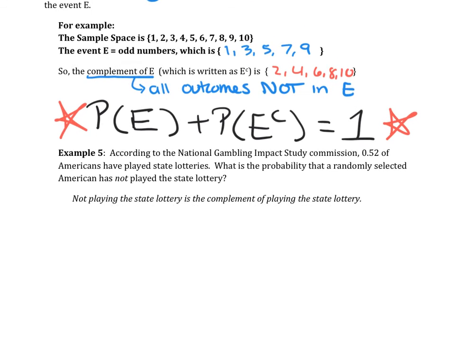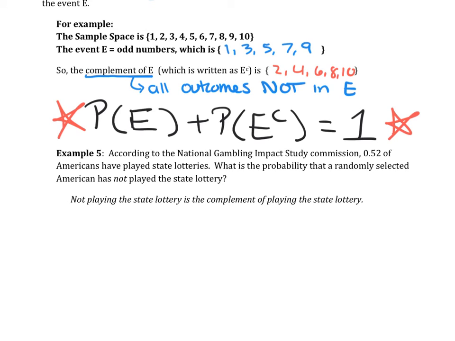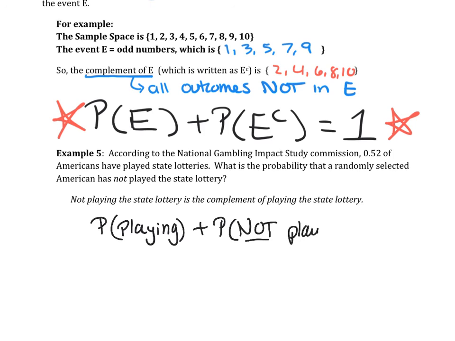So to see that in action, example 5. According to the National Gambling Impact Study Commission, 0.52 of Americans have played state lotteries. What is the probability that a randomly selected American has not played the state lottery? Not playing the state lottery is the complement of playing the state lottery. So if we take the probability of playing the lottery plus the probability of not playing, which is the complement, that should equal 1.